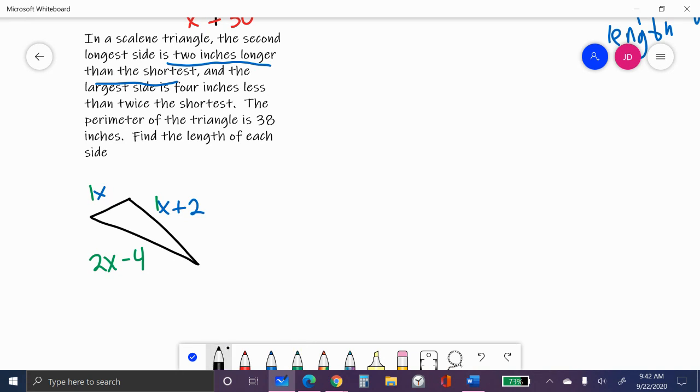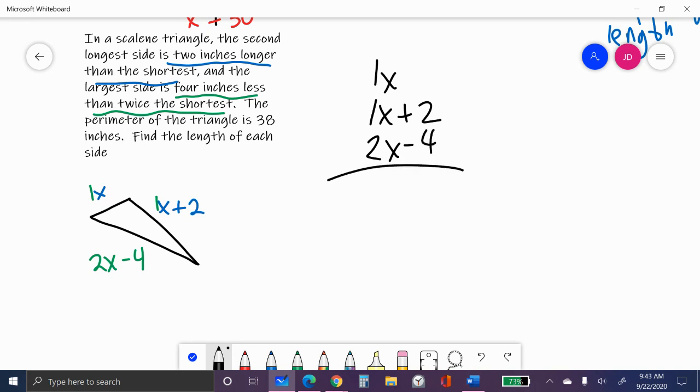I meant to say 4 inches less than twice the shortest. That's how you say 2x minus 4. All right, so now I'm going to line them all up. We got 1x, we got 1x plus 2, and we got 2x minus 4. Add those up.